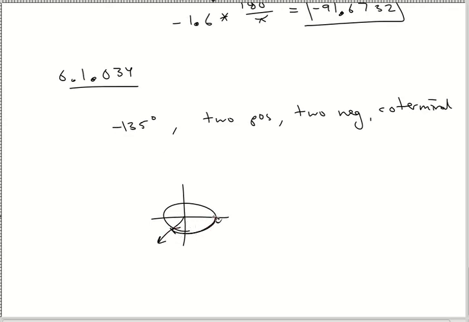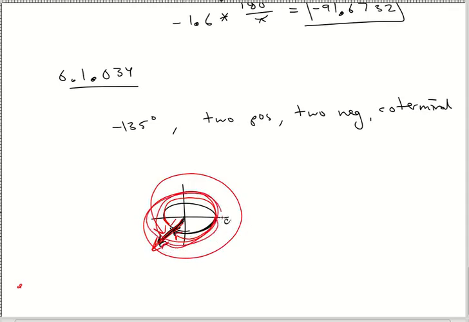Negative means we're going this way, right? So this is where I have my first answer. They're saying there's got to be some more on the same line, coterminal, literally copy-paste. Couldn't I go around one full loop and then back to it? Or go 2 full loops?